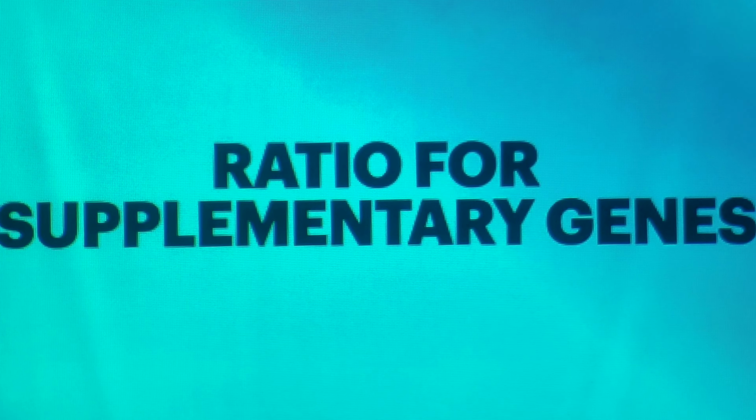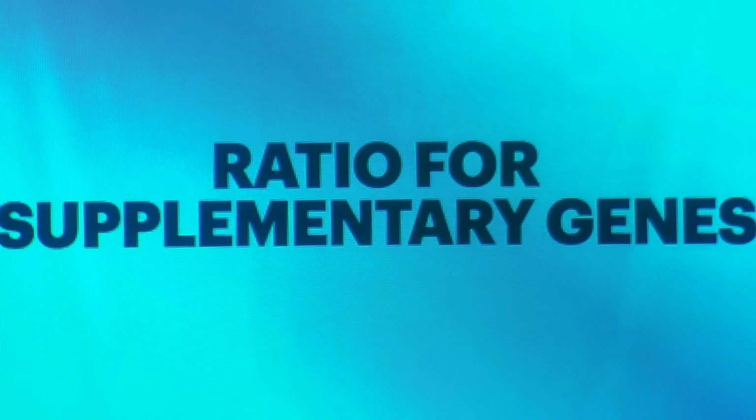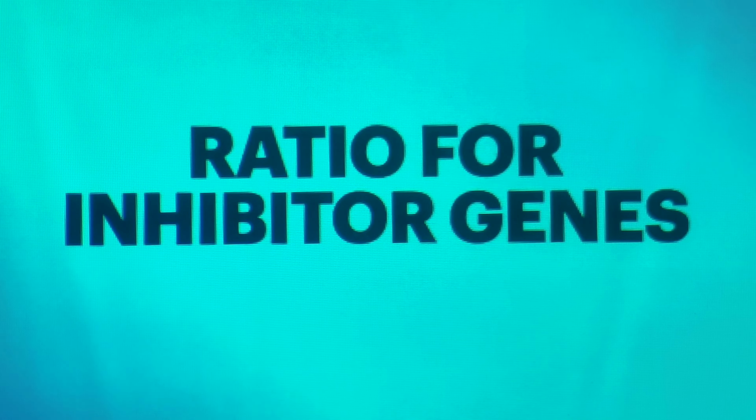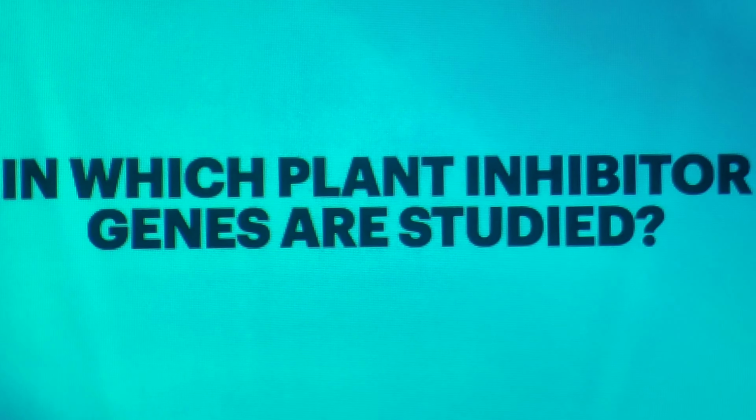Maize. Ratio for supplementary genes? 9:3:4. Ratio for inhibitor genes? 13:3. In which plant are inhibitor genes studied?